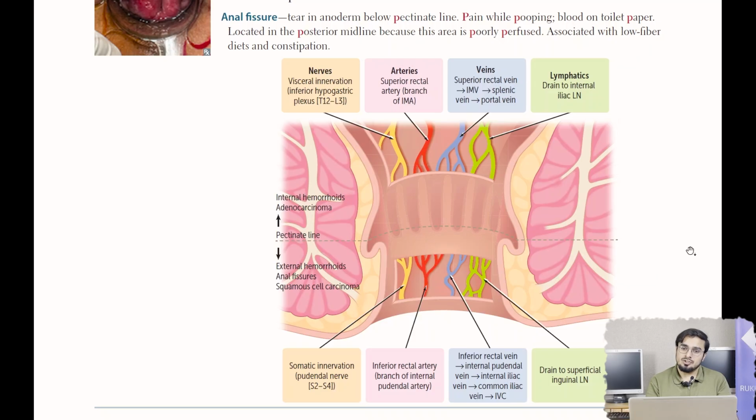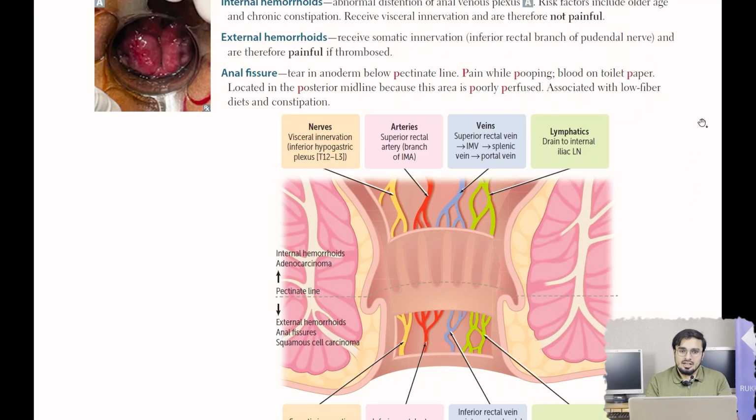Most of the times it's associated with hemorrhoids, constipation, or even in terms of sexual trauma, this might be a sign to look for other things that might be related to a physical trauma.